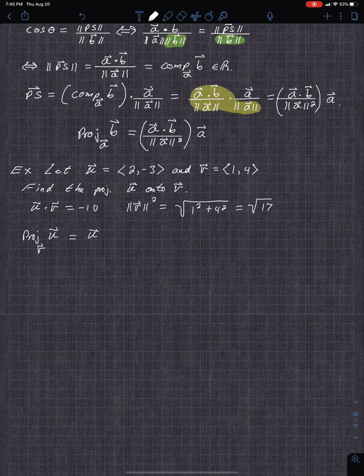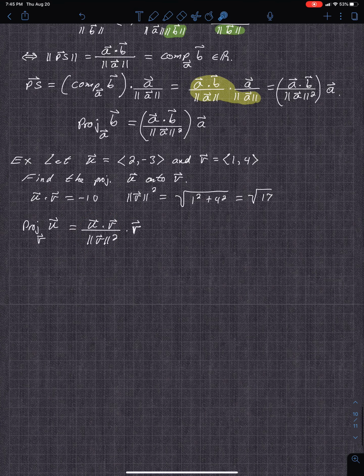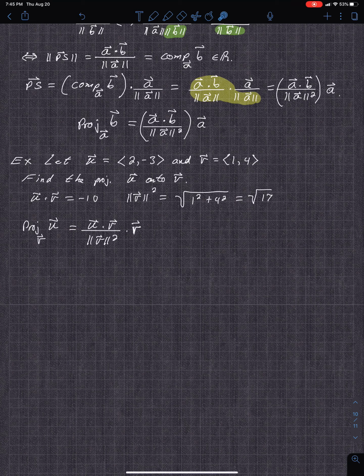So it's U dot V over magnitude of V squared times V. Okay, so it's not obvious how you get this. It's that whole derivation we did above that is why things reduce and simplify. But now you're finding this without trig. There's no trig going on.